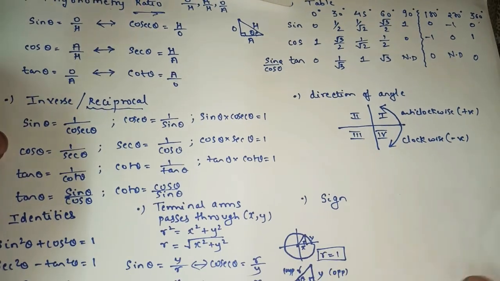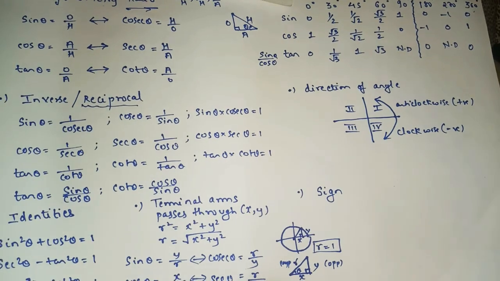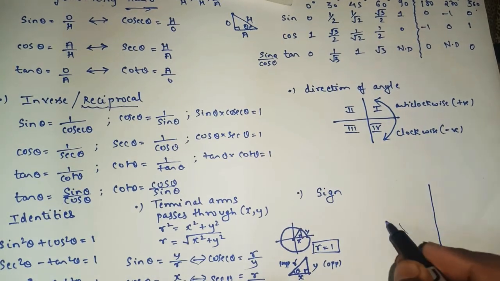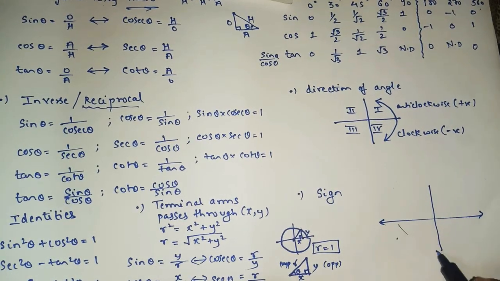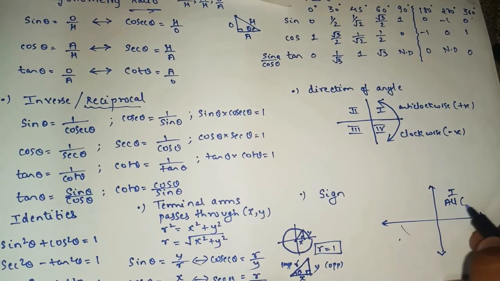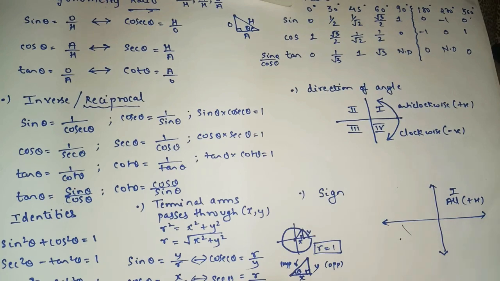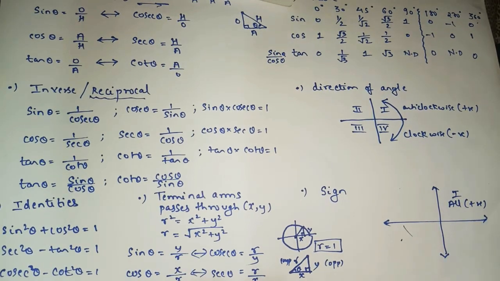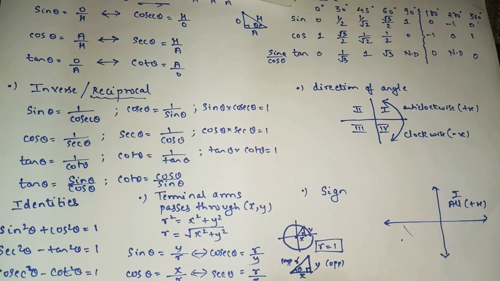Okay, so now we'll see the signs of trigonometric functions. So in the first quadrant we know that all the trigonometric functions are what? Positive. And all these basic things were actually there in your 10th standard.